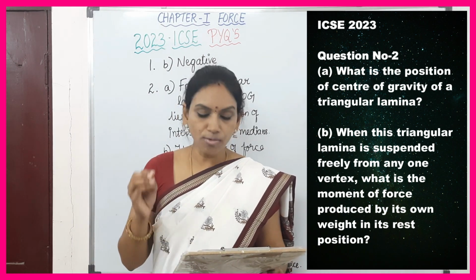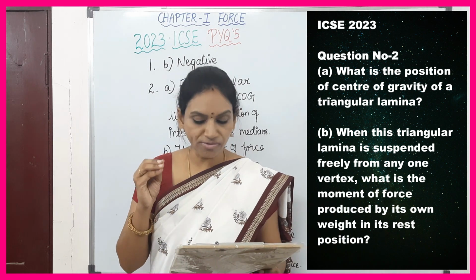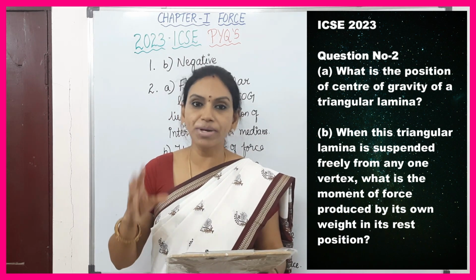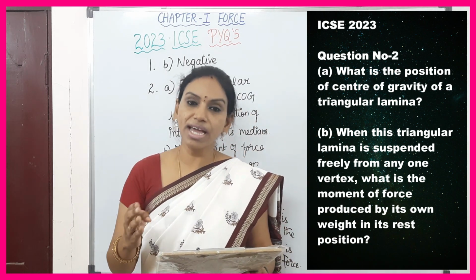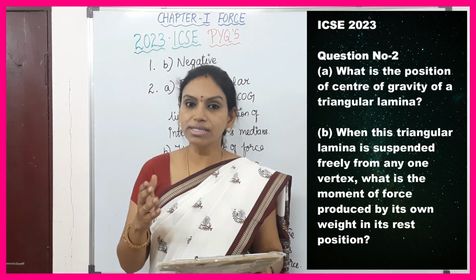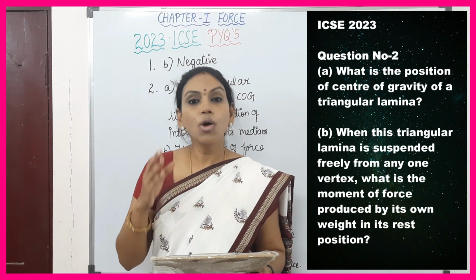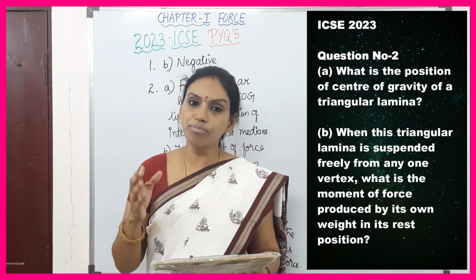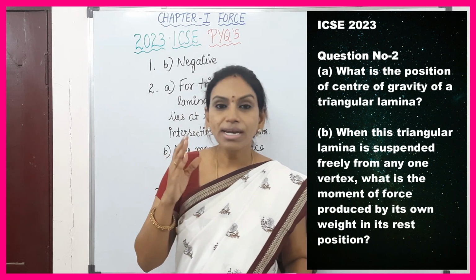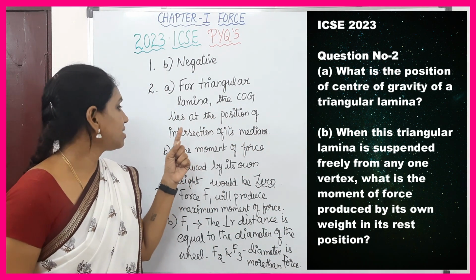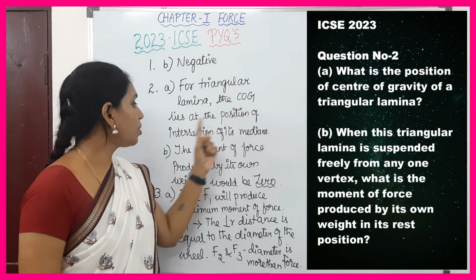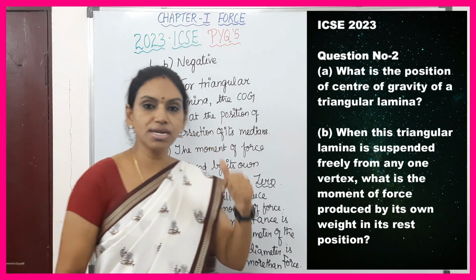So the first question: what is the position of center of gravity of a triangular lamina? We have already discussed where the center of gravity is for a triangle. For a triangular lamina, the center of gravity lies at the point of intersection of its medians.